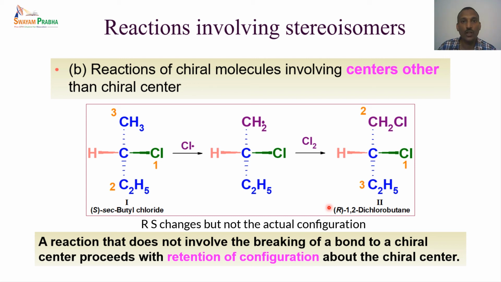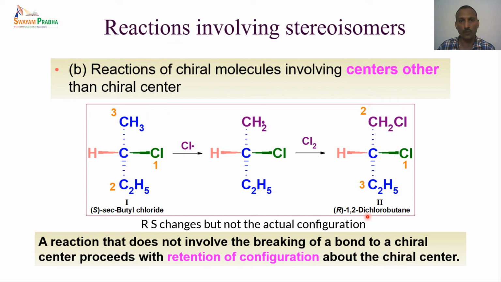But that does not mean that we can blindly say an S isomer cannot give an R isomer without bond breaking. You have to always remember an S isomer without breaking a bond can also give an R isomer.